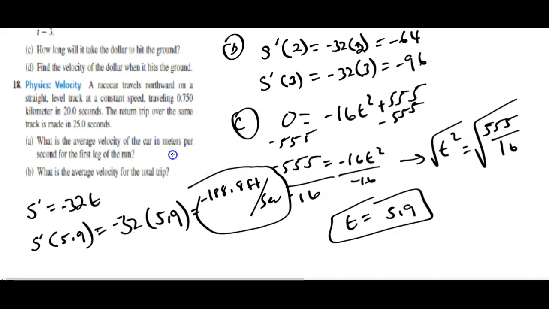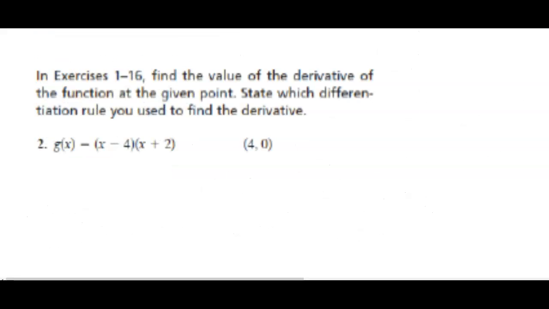Alright, you can do 18. Let's see here. Find the value of the derivative of the function at the given point. State which differentiation rule will be used. So here, I would need to form this one: x squared minus 2x minus 8.